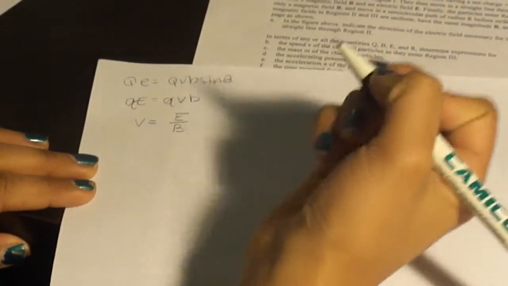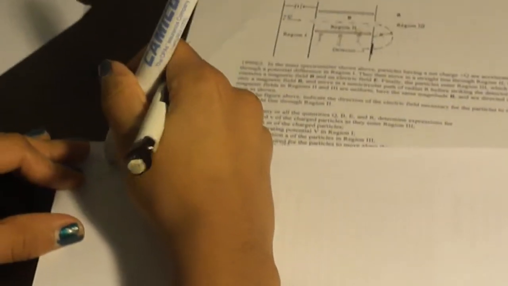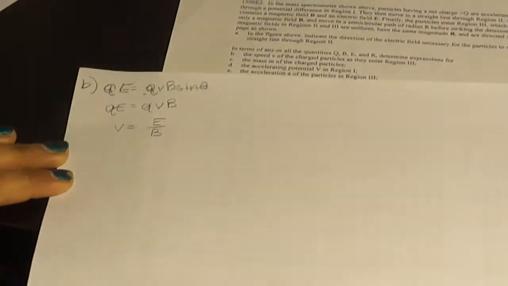The Q's cancel, and V is equal to E divided by B. And that's part B.